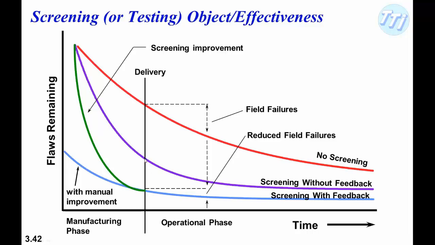So if we do some screening, we're going to cause failures here. Most of the failures are going to be caused before we deliver the system. Then after we get some field failures, maybe we'll redesign our screening characteristic so that we get more failures during the testing procedure before things are shipped, and we get very few failures out here after the device is delivered.